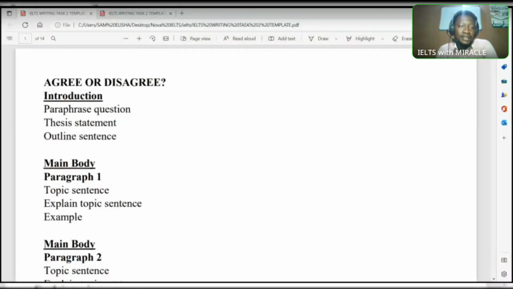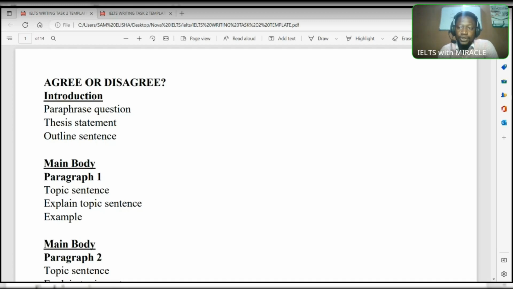Now, the material is a template, a guide for writing task 2, and believe me, it is very helpful, right? So all you need to do is follow everything that I've said and the explanation that I will give. Follow them page by page.